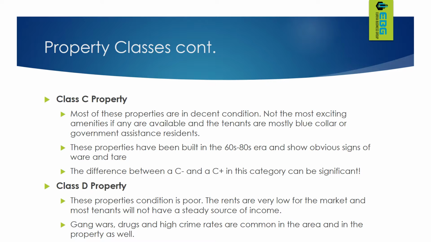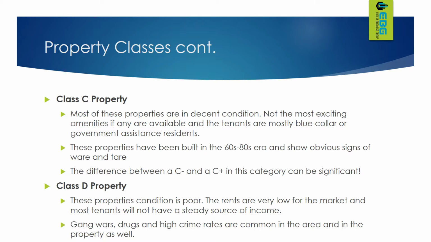And then D-class properties goes back to, first of all, it's a D-class area where it resides, right? And then these are poor condition properties. The rents will be very low compared to the rest of the market. Most of the tenants in this kind of property will not have a steady source of income, right?